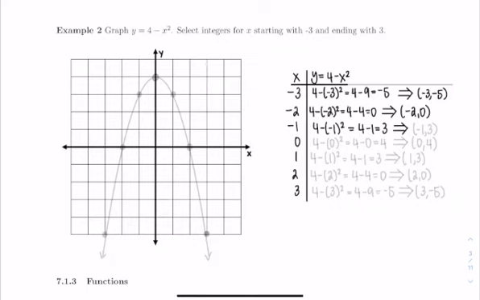And so the ordered pair is negative 1, comma, 3.